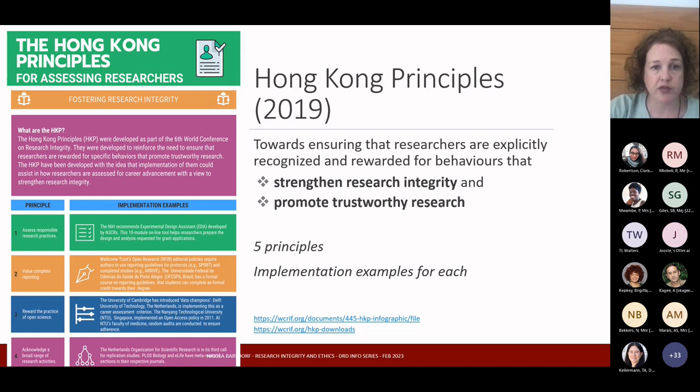These were trying to ensure that researchers are being recognized and rewarded for behaviors that strengthen research integrity and promote trustworthy research. So this was the first attempt, I guess, to try and move away from just counting the numbers of publications and rewarding researchers for those, and they outline 5 principles and give implementation examples for each.